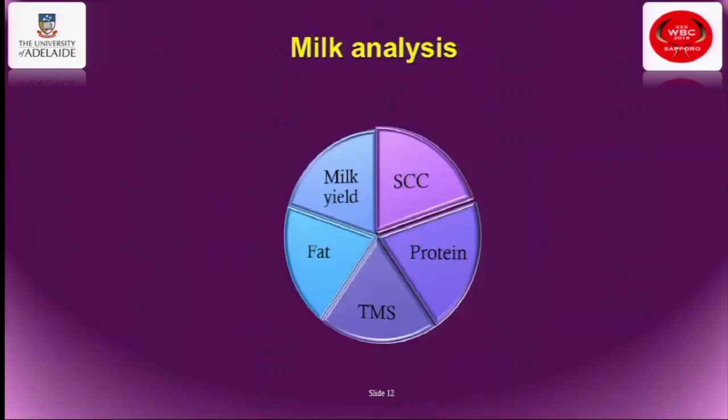A database of individual cow yield production parameters, including somatic cell counts, volume, protein percentage, total milk solids, and fat percentage, was analyzed for each group.